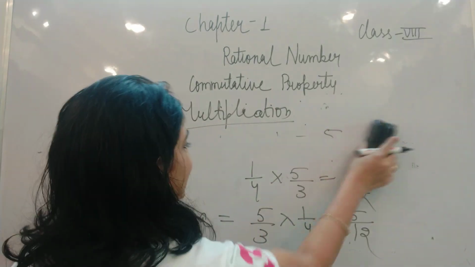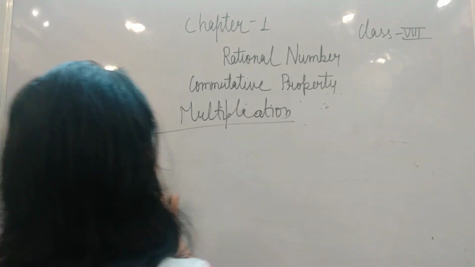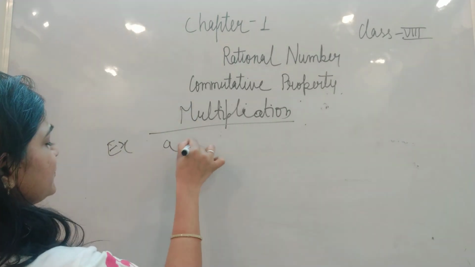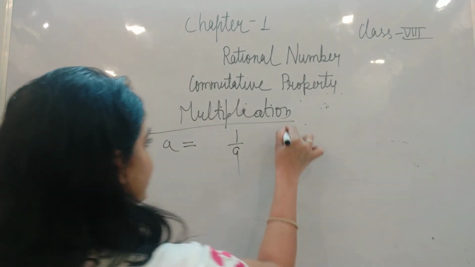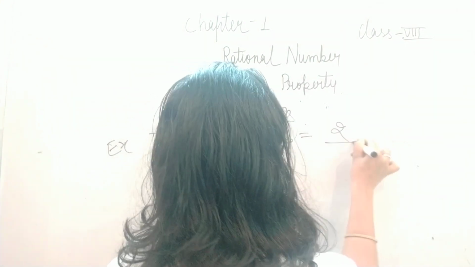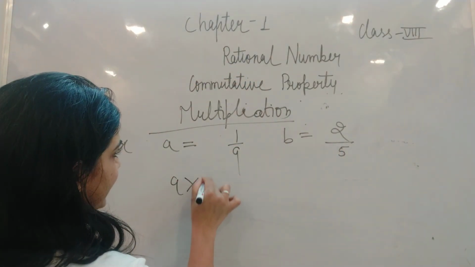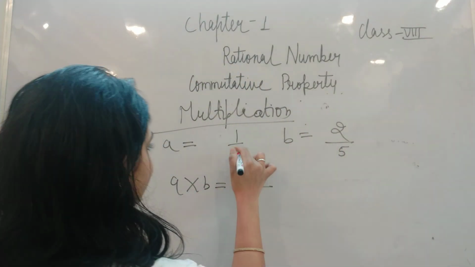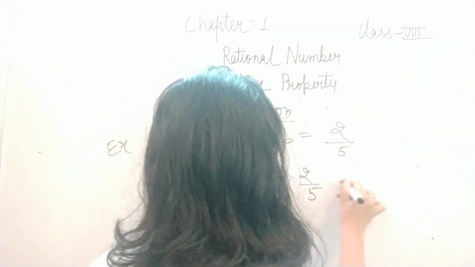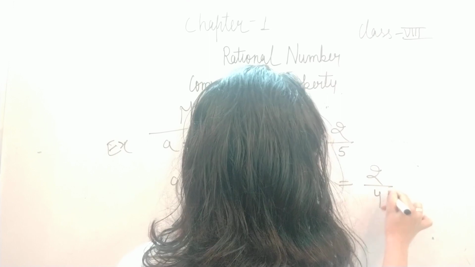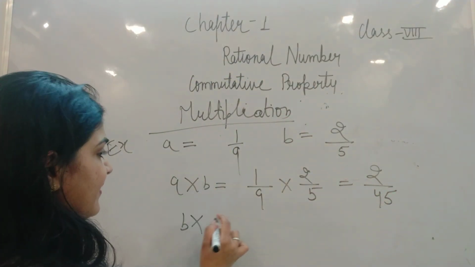Now I am taking another example for understanding this concept. Let us suppose that the value of a is 1 by 9 and the value of b is 2 by 5. If we multiply a with b, at first we will put the value of a, then b. So what will we get? 2 by 45.